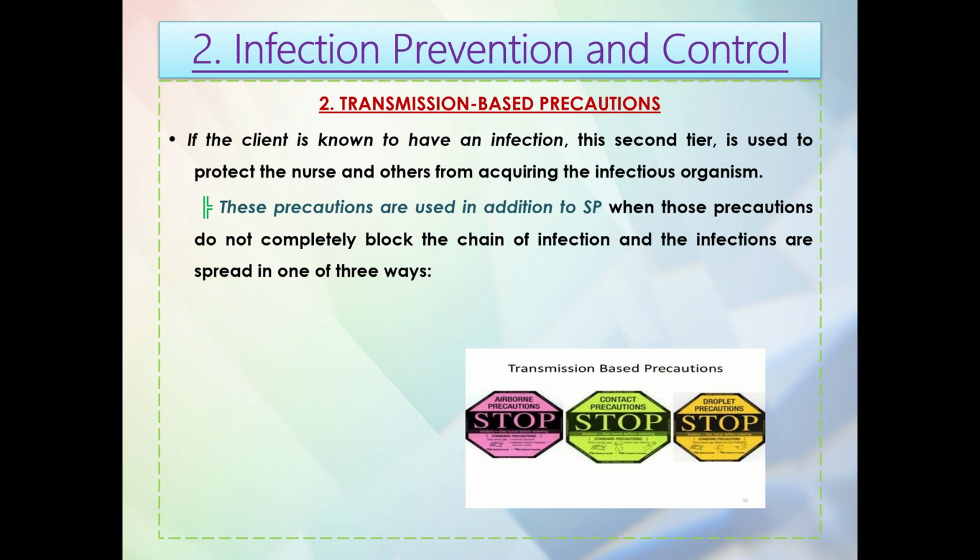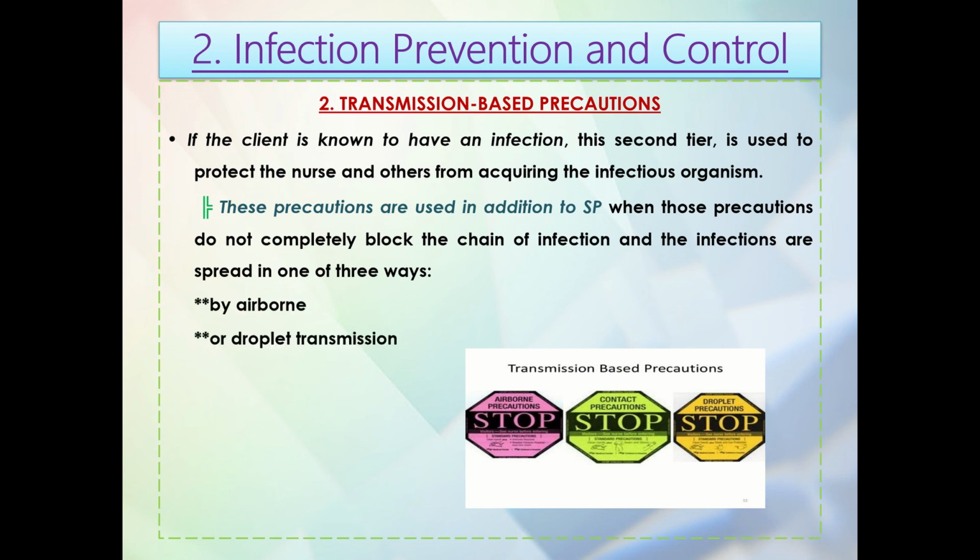So ginagamit natin itong transmission-based in addition to standard precaution. So gagamitin muna natin sa SP, and then afterwards, we also adhere to transmission-based precautions. So it's like an additional measure that we take para maprotektahan tayo. Kasi nga, our client is having an infection. Okay?